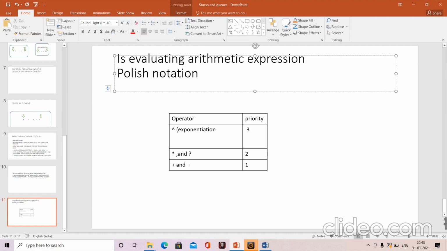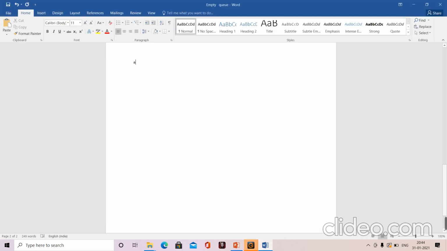Now this arithmetic expression basically consists of operators and operands.